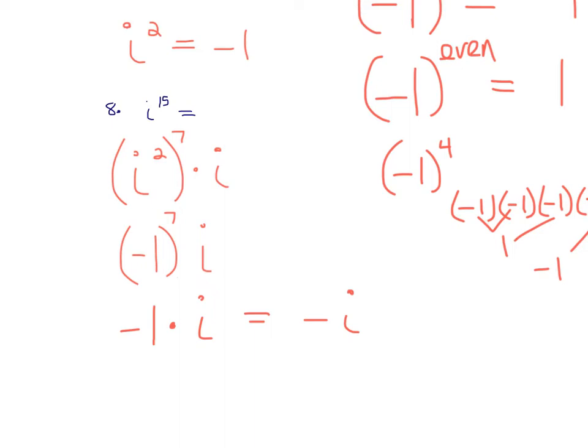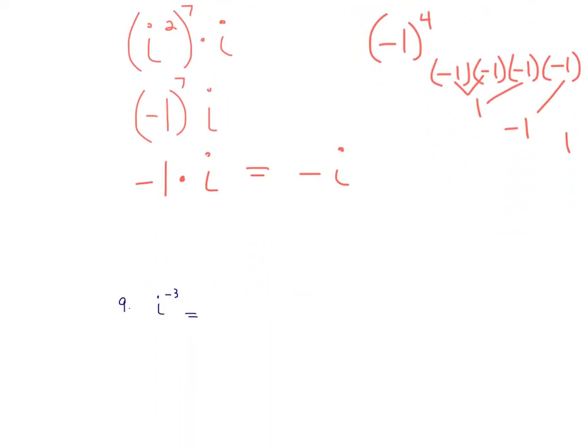Now, I'm going to give you a little heads up. If you see this question on a standardized test or even on the quiz next week, know that i to any positive exponent has only 4 answer choices. The answer is either going to be a 1, -1, i, or a -i.